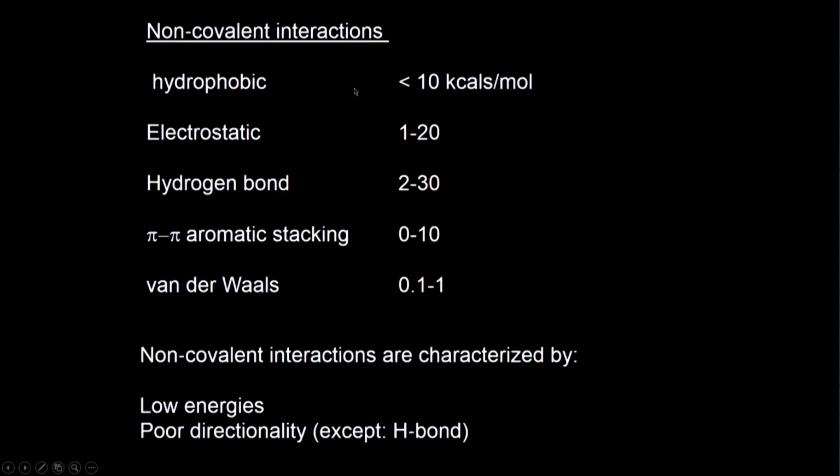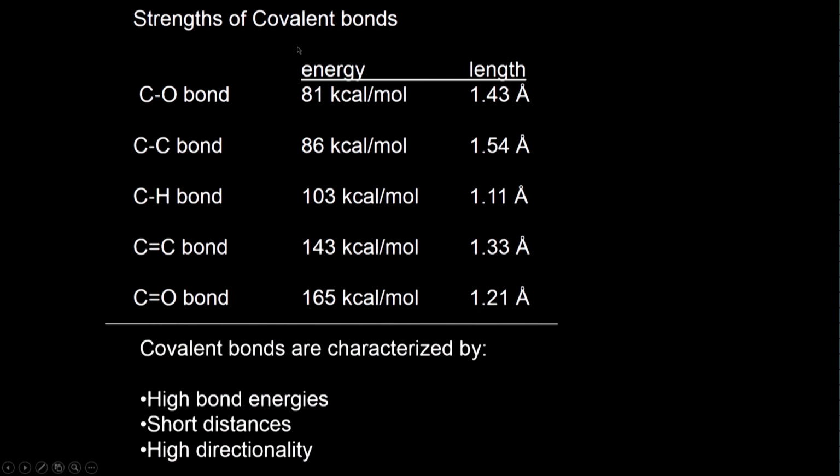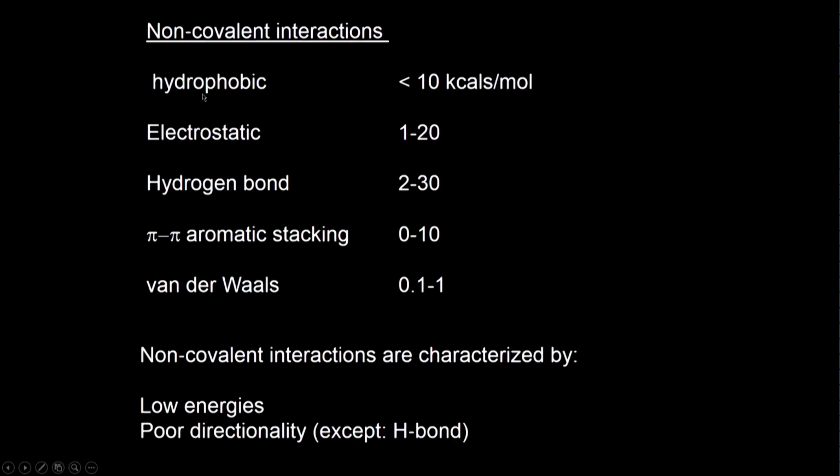So that is the difference between a non-bonded interaction and a bonded interaction. If you look at the non-covalent interactions, hydrophobic interactions, that is hydrophobic groups like CH3, C2H5, the energies are very little, less than 10 kilocalories.